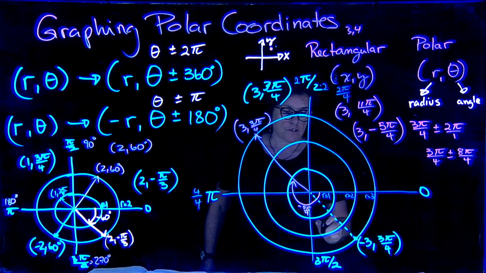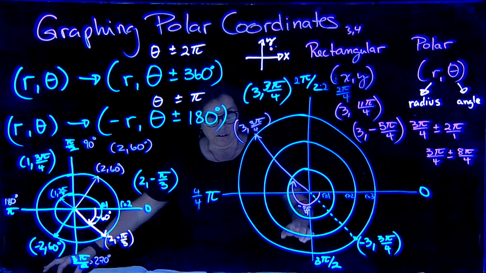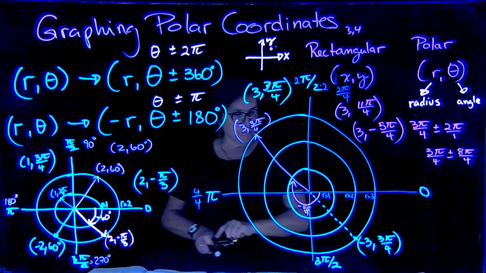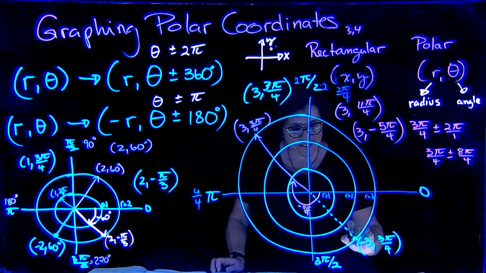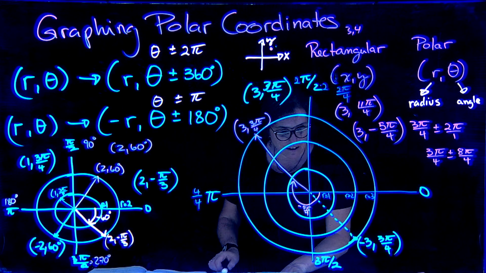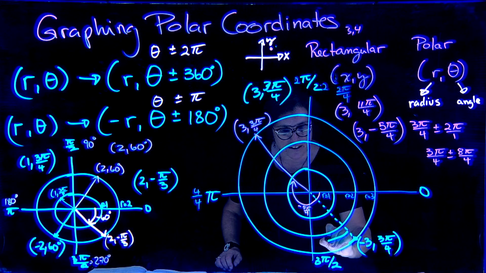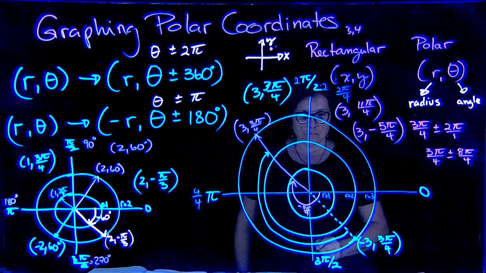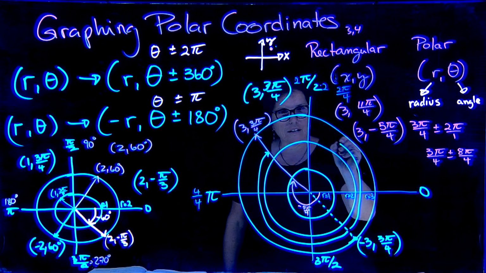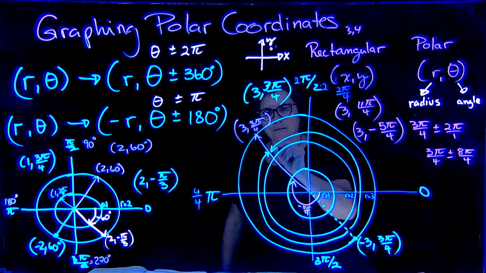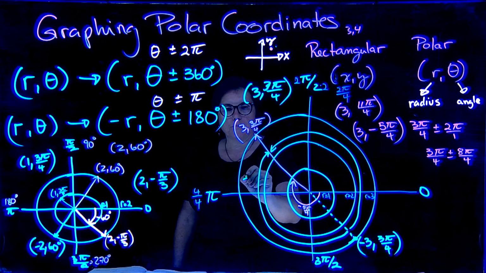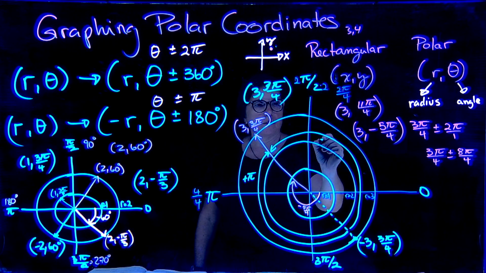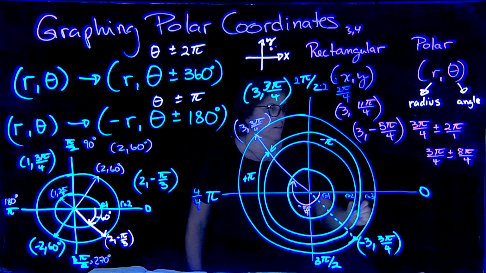Okay, so to end up back in my original point, you can clearly see, same color, different color, that I add 180 degrees or pi to it, or I subtract and I end up at the same point. So plus pi or minus pi.